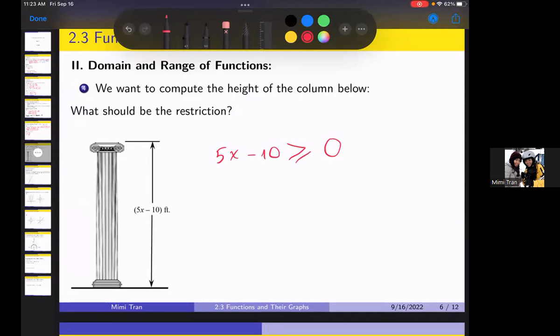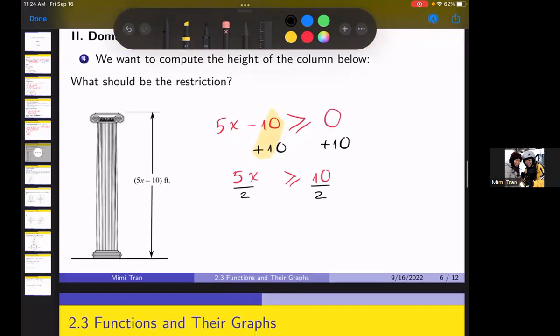Maybe it's greater than, because apparently you have some length here, but let's just mathematically say at least 0. So that's the restriction. Then you solve for x, you add 10 both sides. That cancels. So you got 5x greater or equal to 10, divide both sides by 2. X. So that is your domain, right? X has to be at least 5.